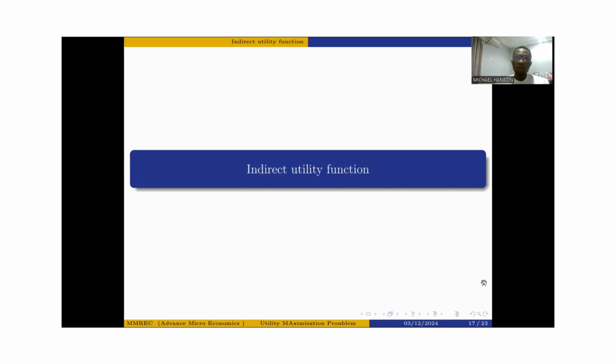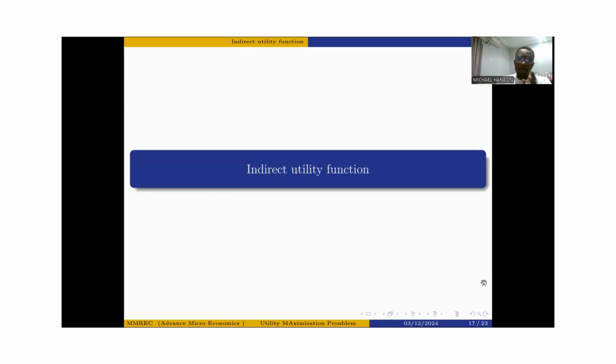When they are equal, then you arrive at the marginal rate of commodity substitution equal to the price ratios. Then you solve for X and Y, and that gives you the optimal consumption level. Put it into the utility function, and that gives you the maximum utility. That's how we're going to maximize our utility.